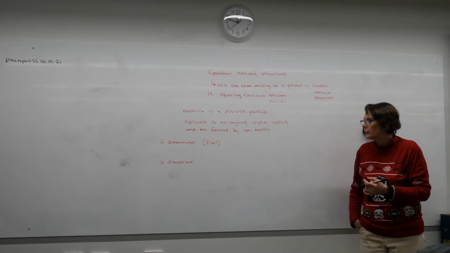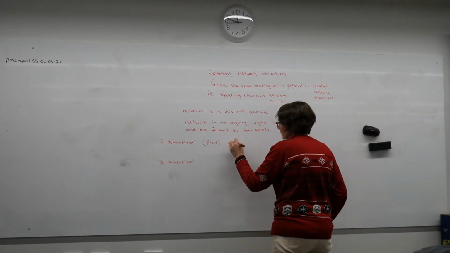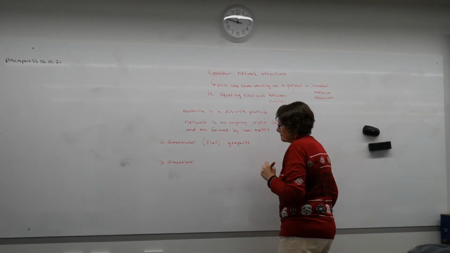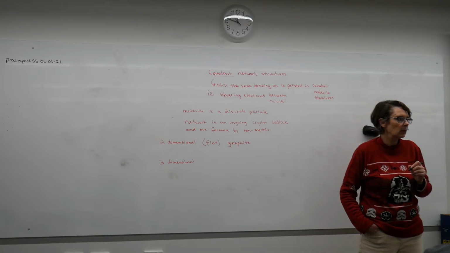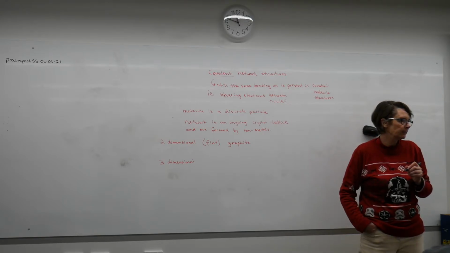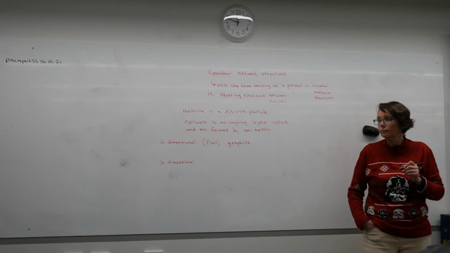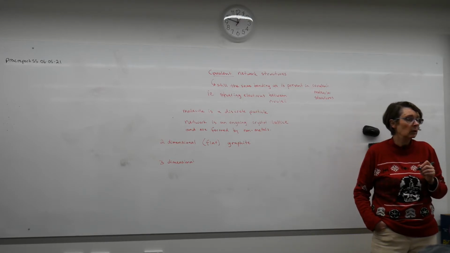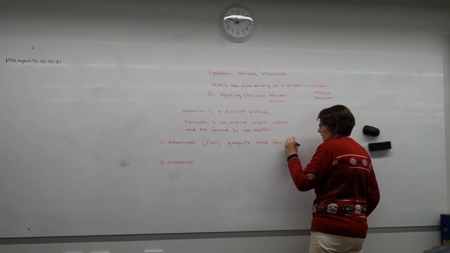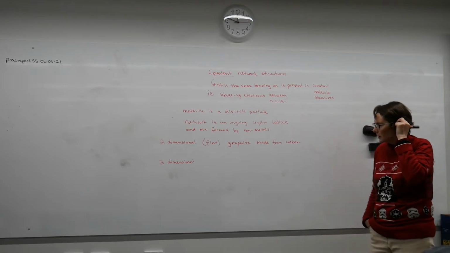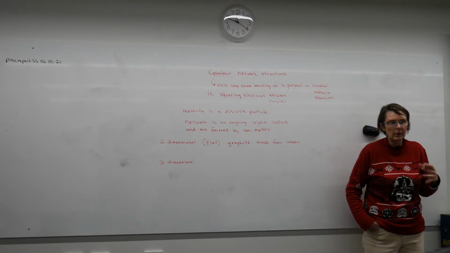The one that we talk about for the two-dimensional covalent network structure is graphite. What do we know that graphite is made from? It's made from carbon. And we can also make a three-dimensional crystal lattice from carbon.